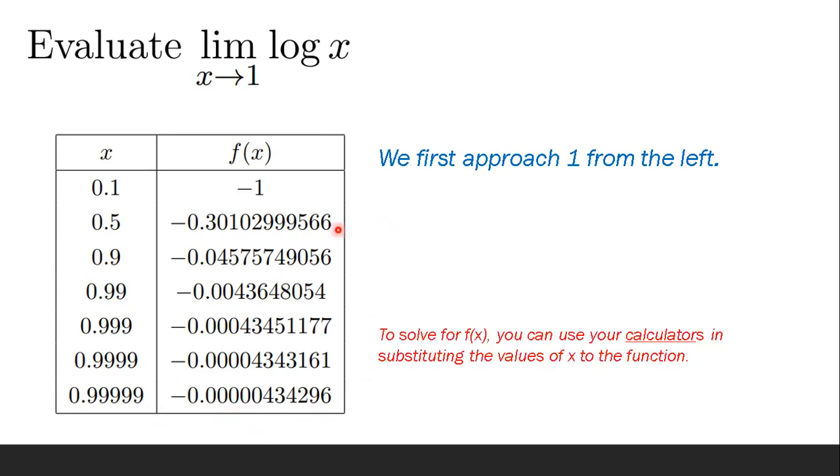To solve for f of x, you can use your calculators in substituting the values of x to the function. And that's the easiest way to solve for our f of x, by using our scientific calculators.